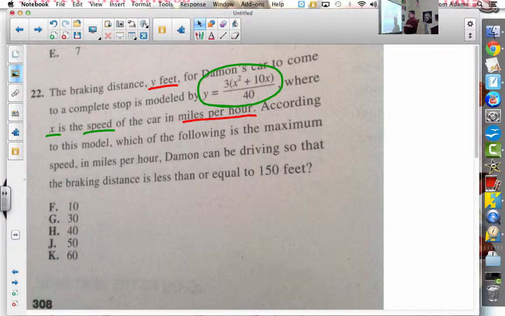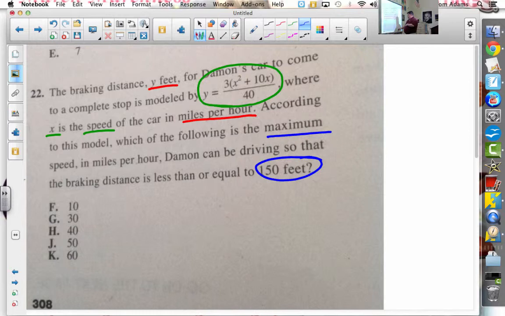Okay, so now this one, where it says maximum speed in miles per hour Damon can be driving so that the braking distance is less than or equal to 150 feet. Let me read it one more time. The braking distance in y feet for Damon's car to come to a complete stop is modeled by y equals that expression, where x is the speed of the car in miles per hour.